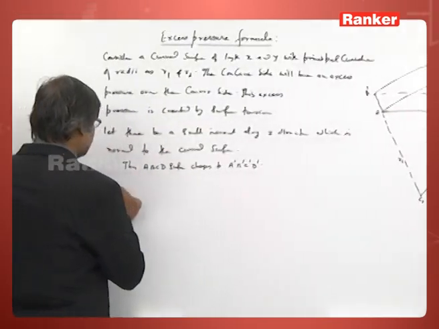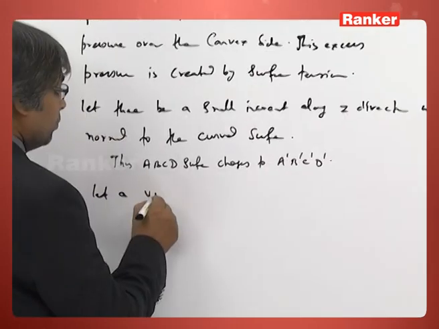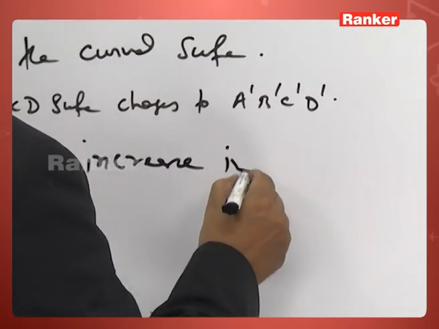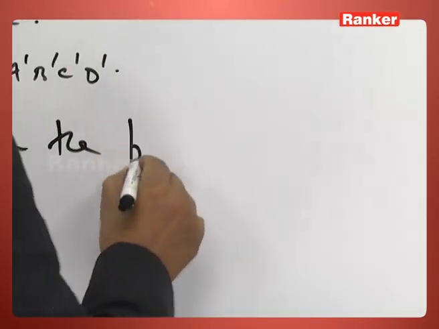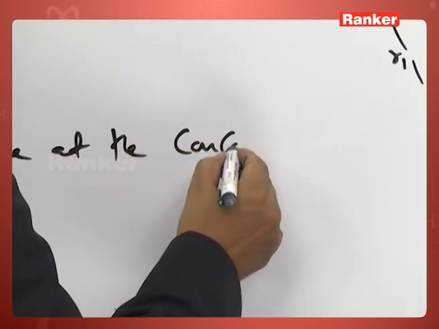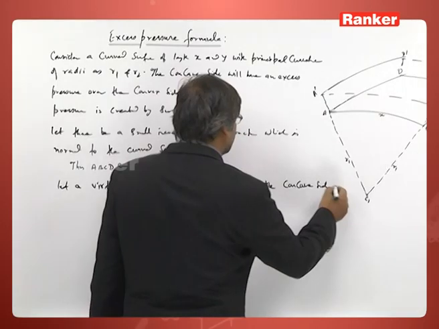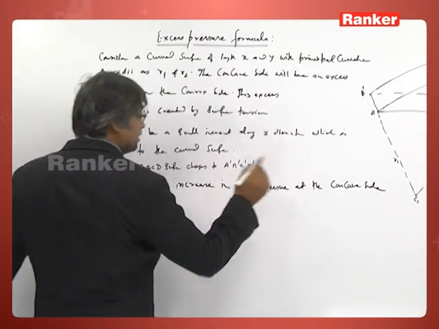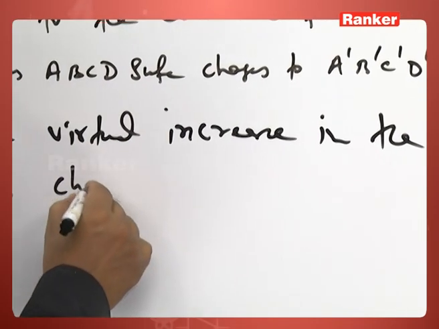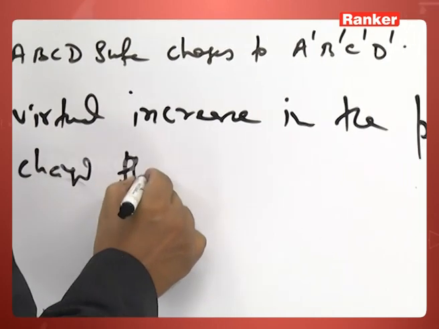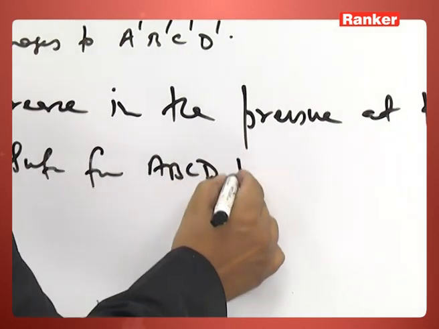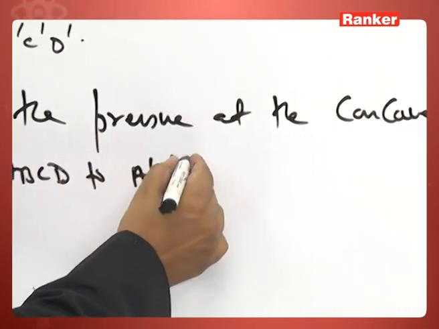So, let a virtual increase in the pressure at the concave side change the surface from ABCD to A dash, B dash, C dash, D dash.